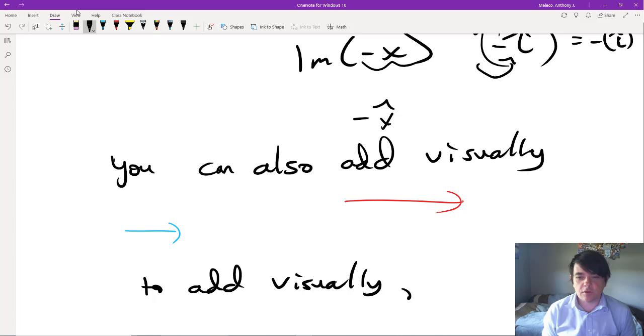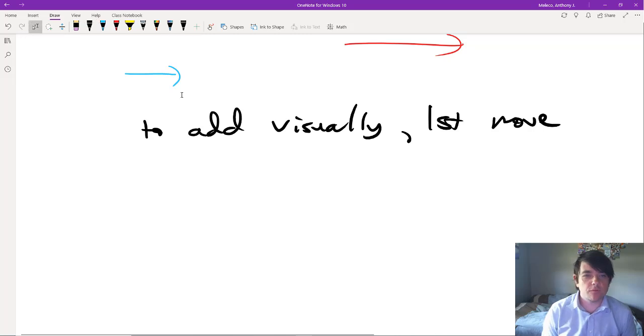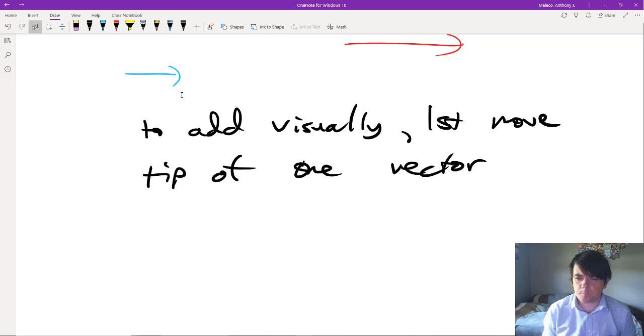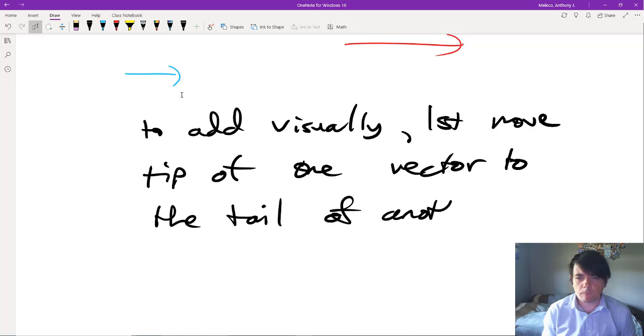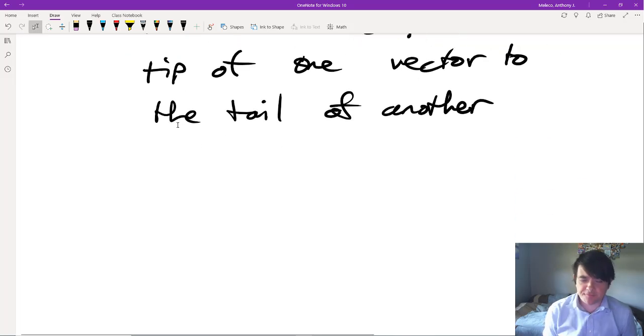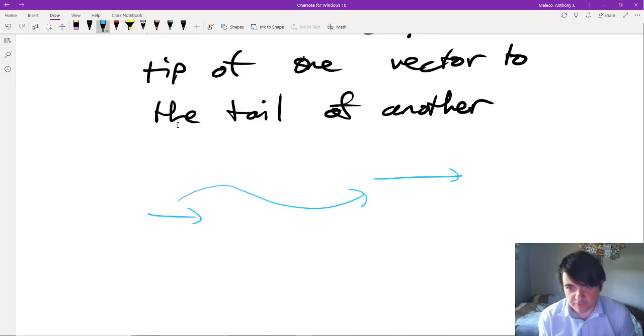To add visually, first move the tip of one vector to the tail of another. So the great thing about vectors is, if we move this vector wherever we want, as long as we don't change the orientation, so we can't flip it, so we don't change the direction, we can actually move it wherever we want in space. And it's still the same vector, nothing changes.